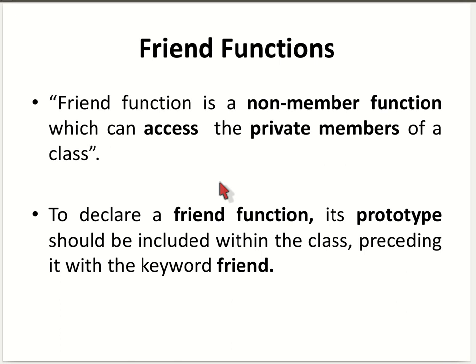Just like our family, we have a best friend who is not one of our family members, but we can share everything with that friend, like our secrets. So here also, the friend functions are non-member functions, friend to that class, friend to that family. It is analogous to that.